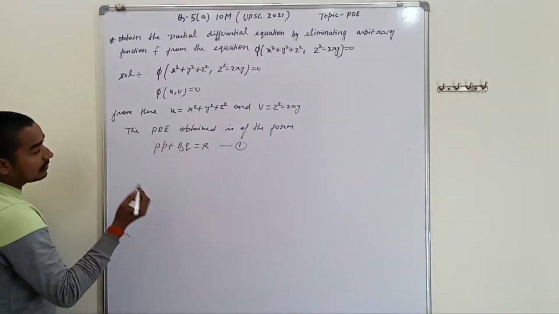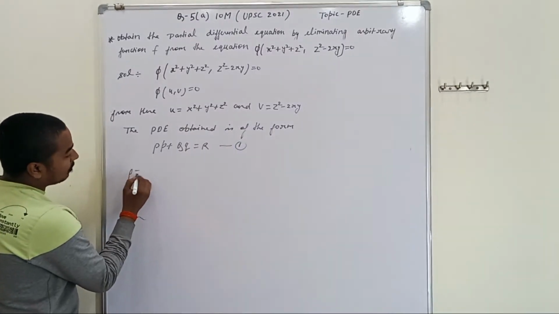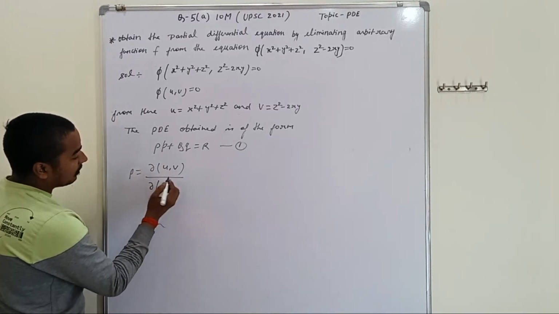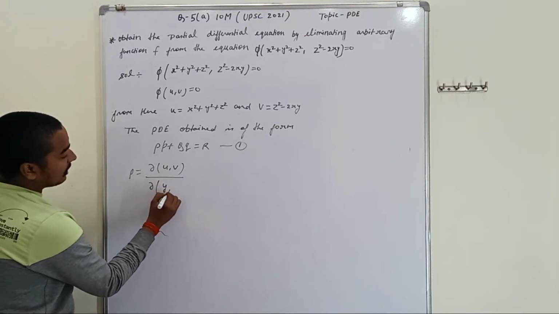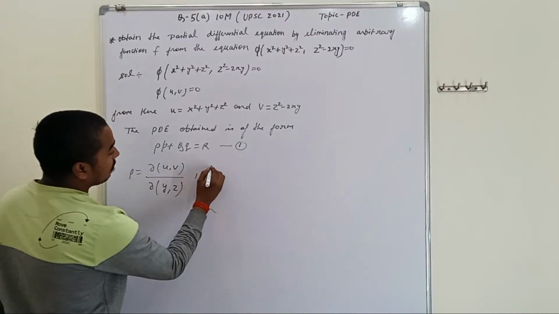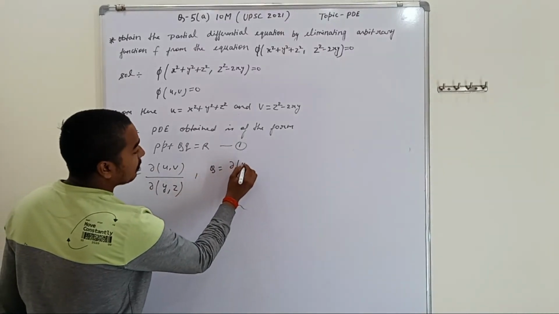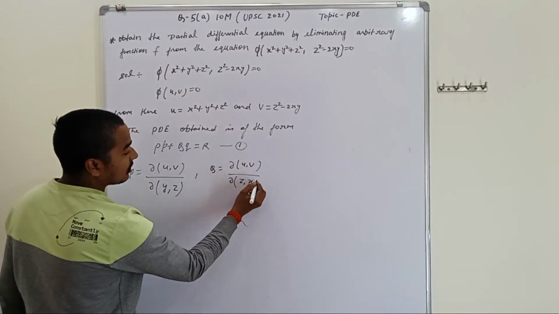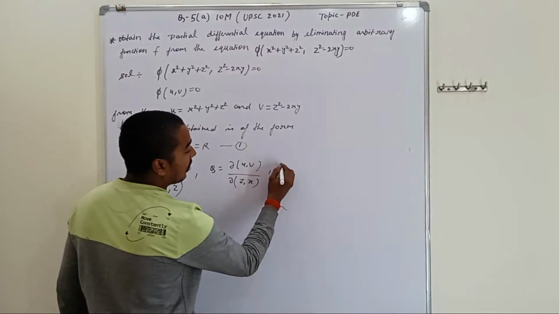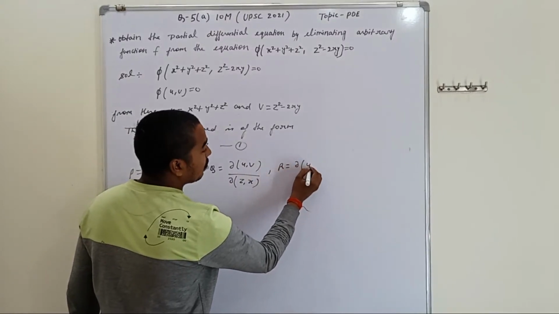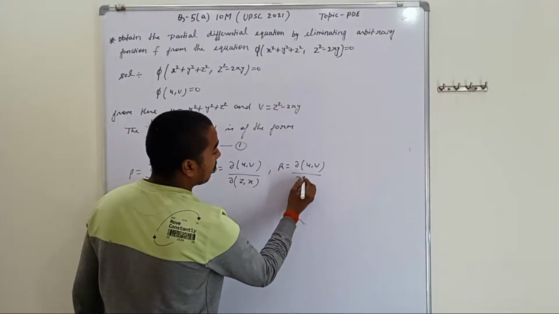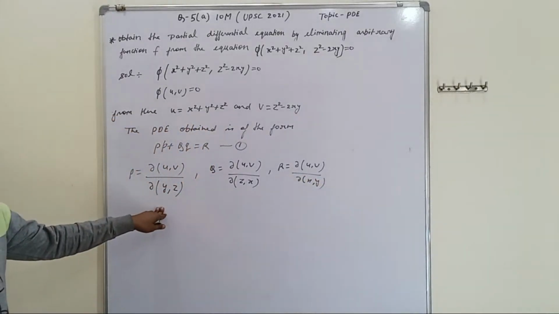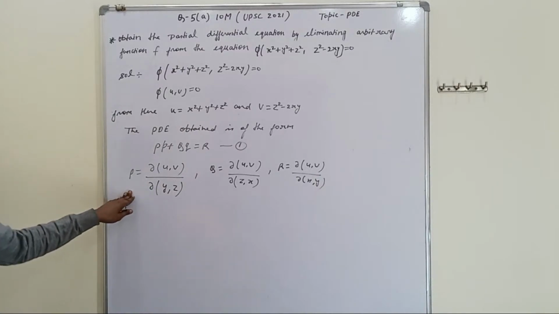First, we know that P is equal to del of u comma v upon del of y z, Q is equal to del of u comma v upon del of z x, and R is equal to del of u comma v upon del of x y.